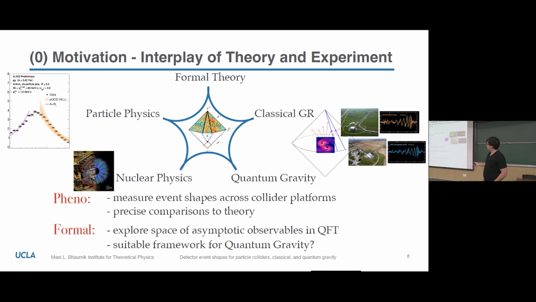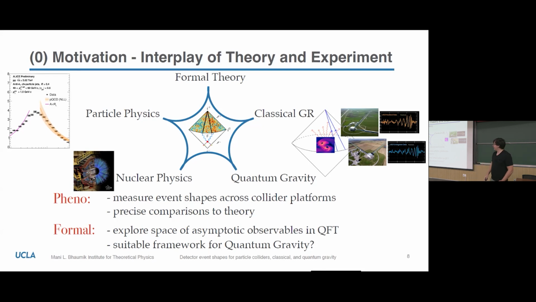You can also try to measure them at finite density and finite temperature, relevant for nuclear physics. And also, you can view LIGO in terms of this event shape framework in classical general relativity.